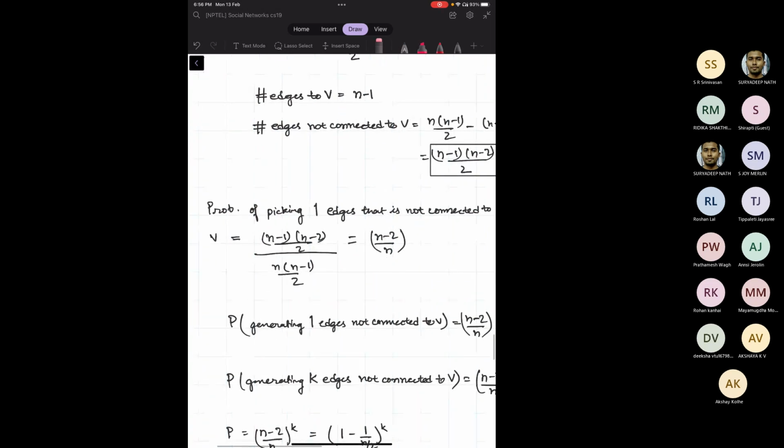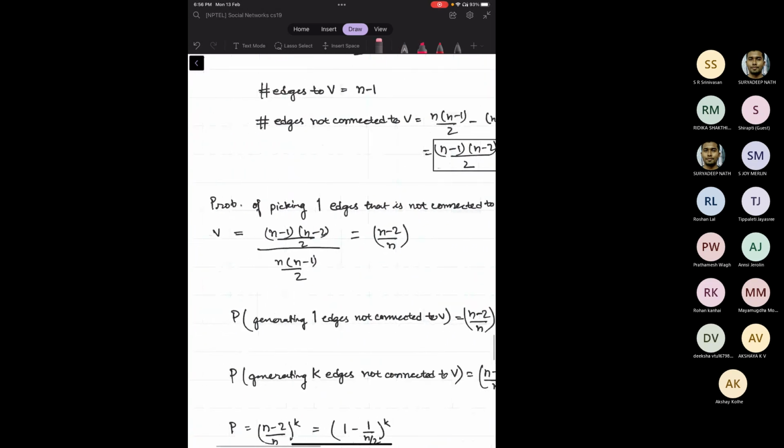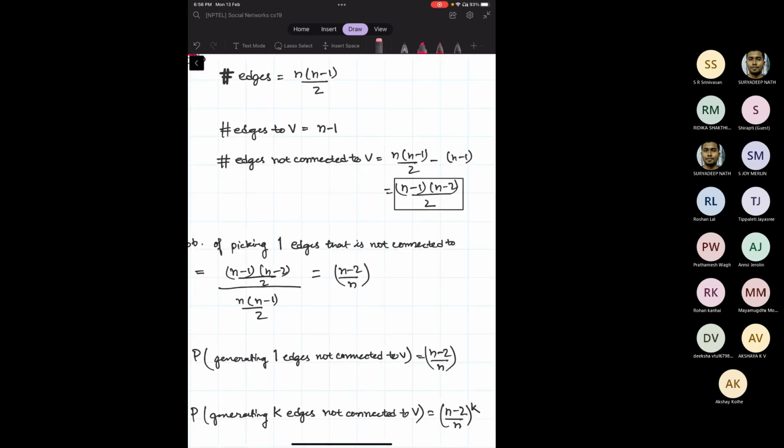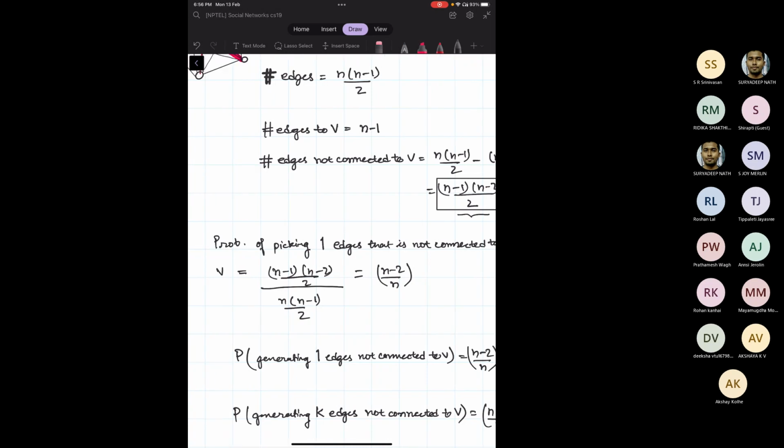So the probability of picking one edge that is not connected to V: we'll have to pick among these n minus 1 into n minus 2 by 2 edges, and divide by the total number of edges.